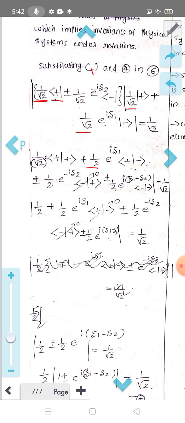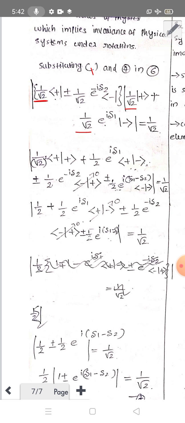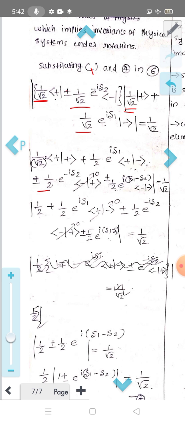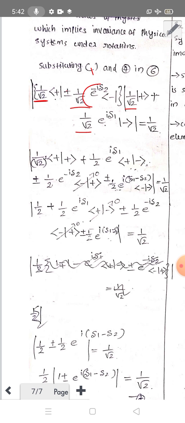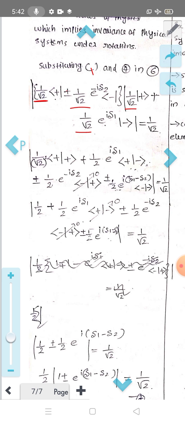Okay, and the next term is plus or minus, here also 1 by root 2 and 1 by root 2 become 1 by 2, and here is e raised to minus i delta 2, then it is bra minus and ket plus, so it is bra minus ket plus.